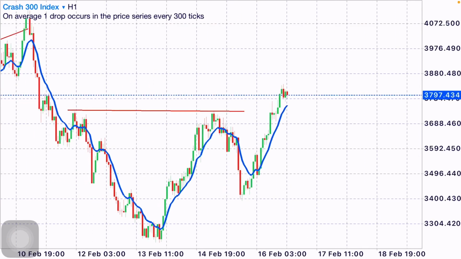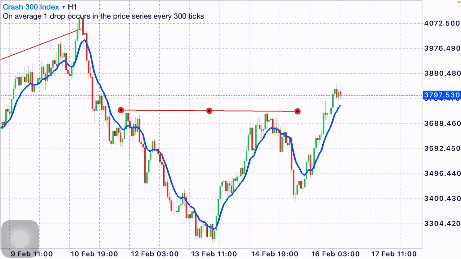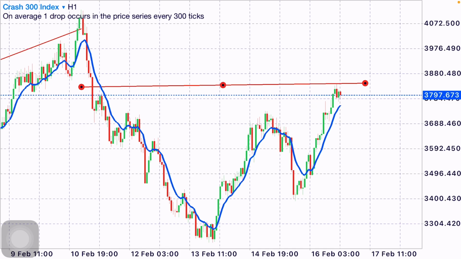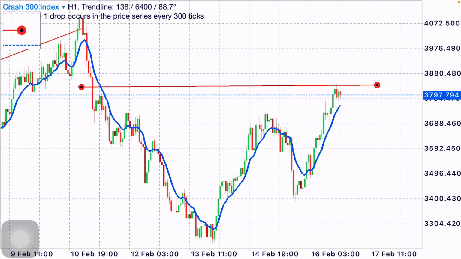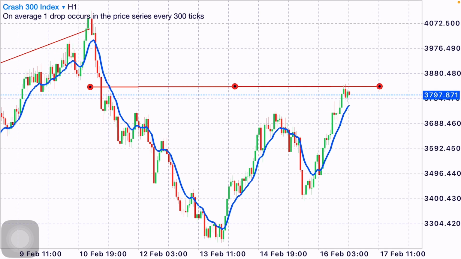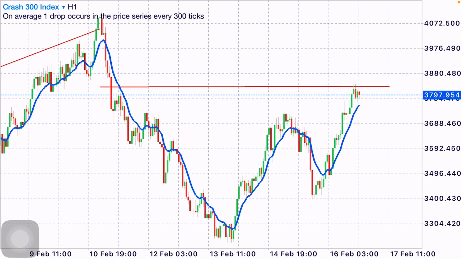Look at Crash 300 for instance. This one now, this is how you will place this trend line. So this is how you are going to place this trend line. So then you can place another trend line like this and see how it will go, because right now this market down here is not a straight market.